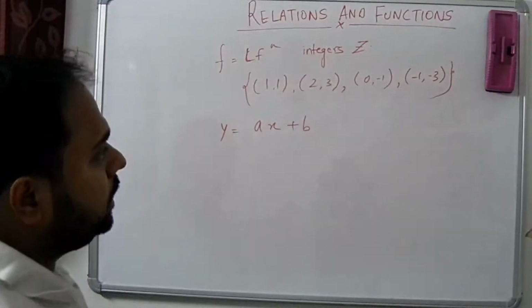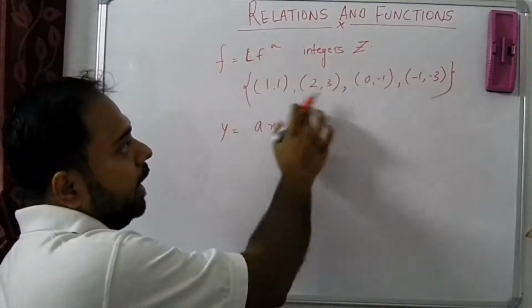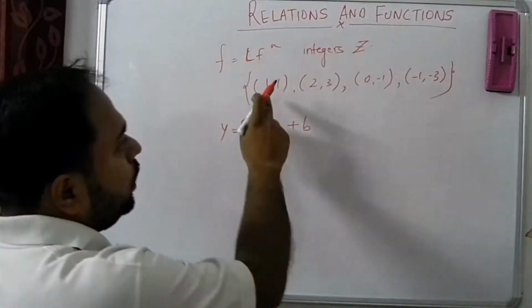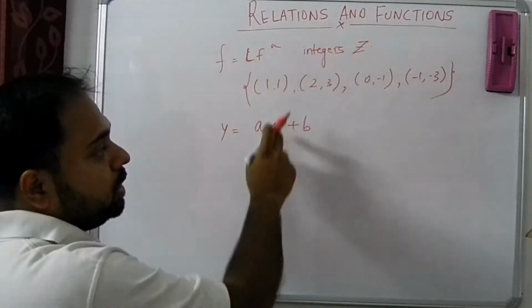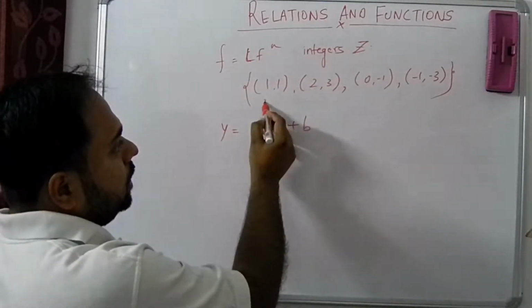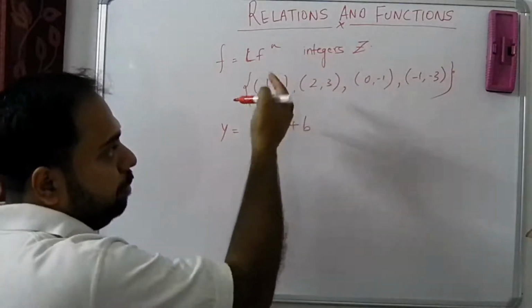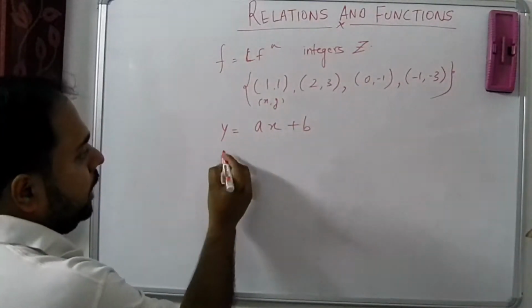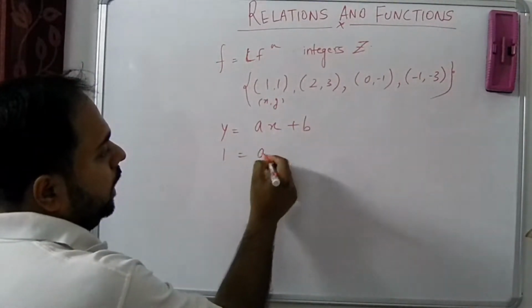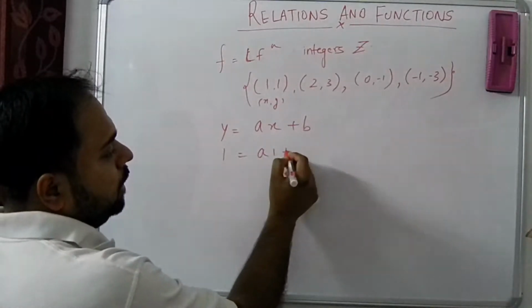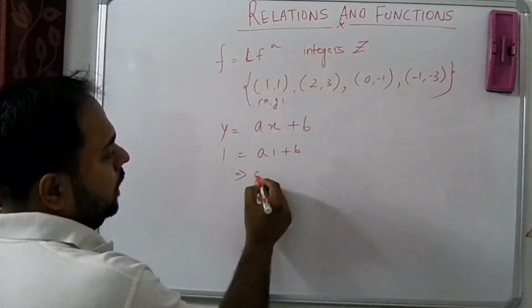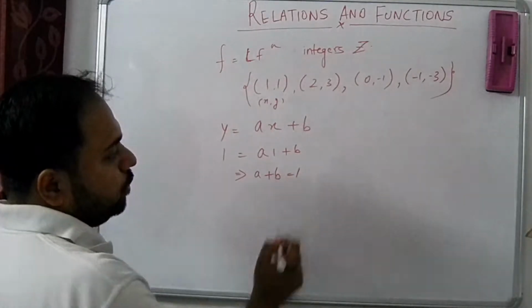Now there is a function wherein these things are getting mapped. I know that (1, 1) satisfies this. These are the x, y values. If I put these in this equation, I get 1 = a times 1 + b. This implies that a + b = 1. That's one equation.